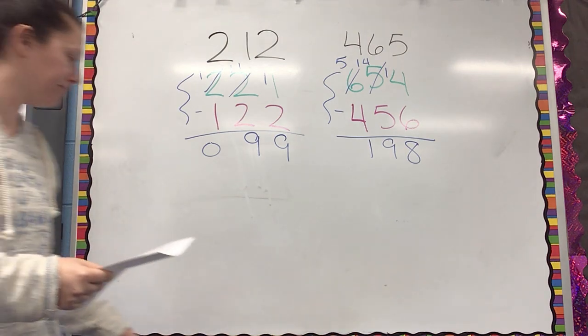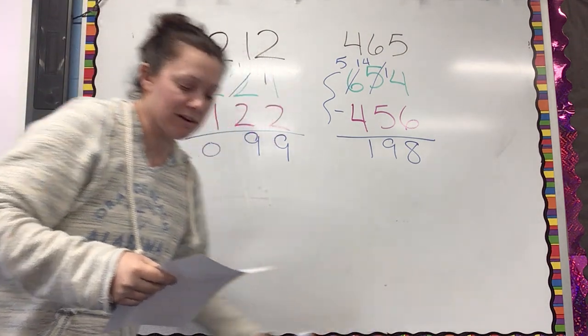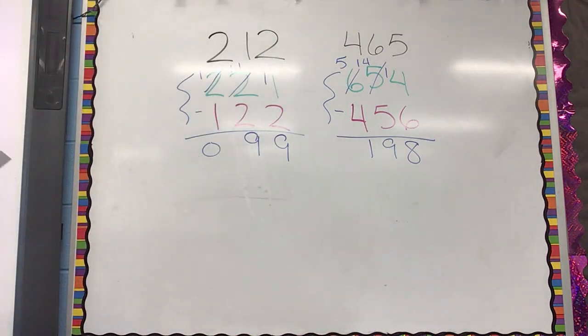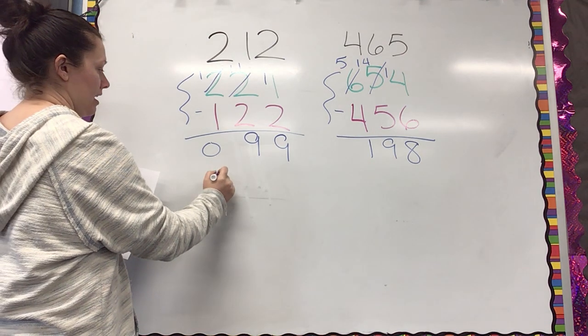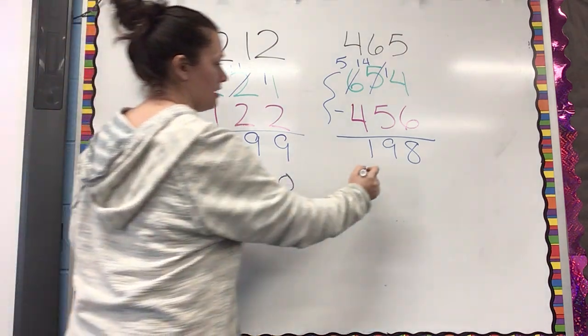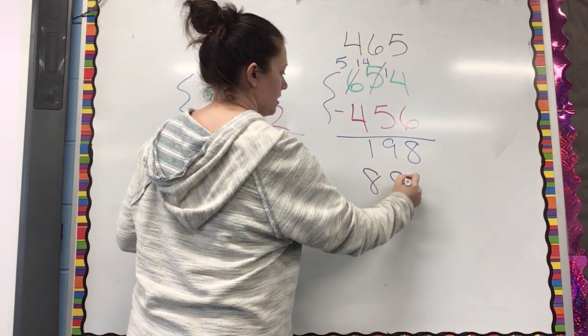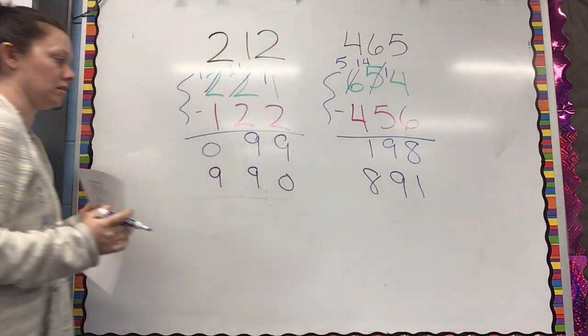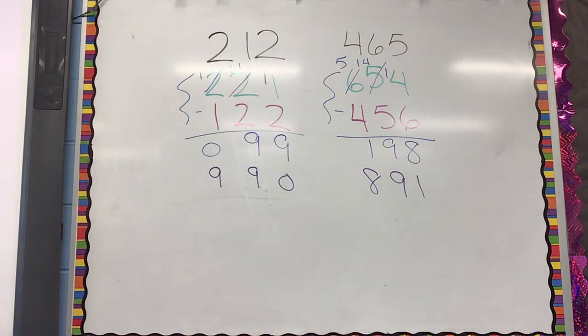Alright, next up, you're going to reverse the order. So whatever this bottom number is, reverse it. So on this one I'm going to have 990. On this one I'm going to have 891. Alright?